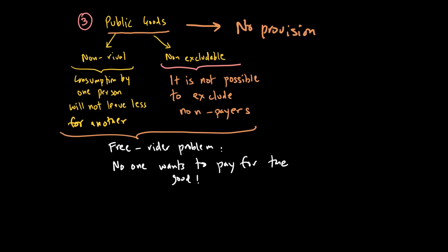What does the government do in this case? To provide it themselves. So this is what we call direct provision by the government. Somebody said, but taxpayers are paying for these goods, and the answer is that even if you're not a taxpayer, you'll still get the good.